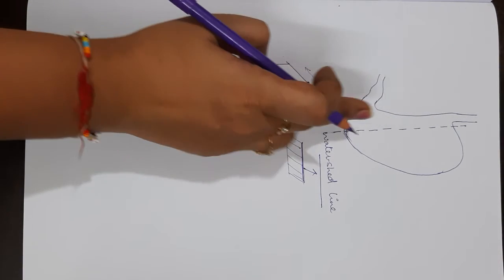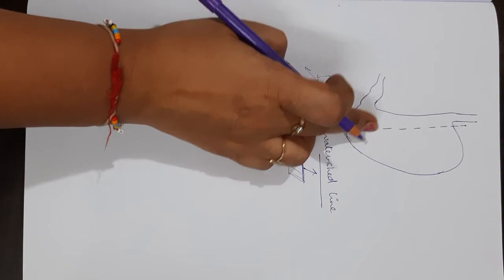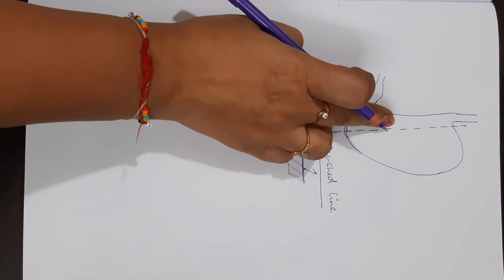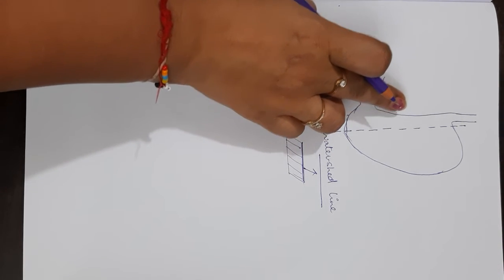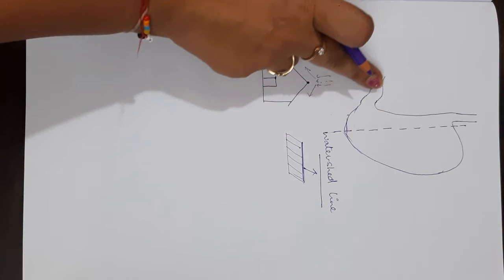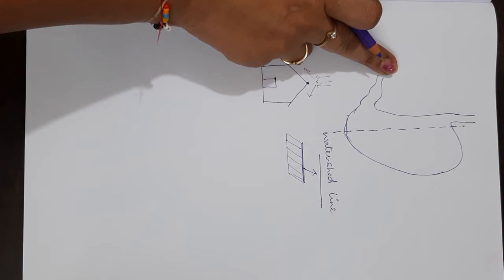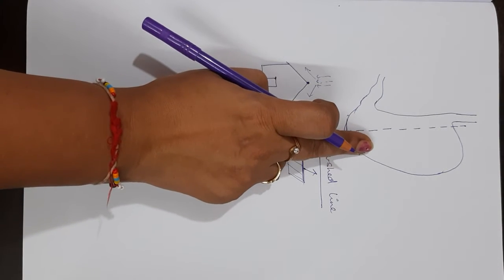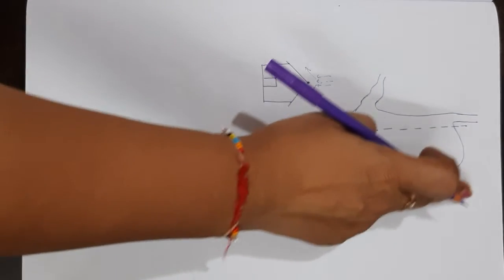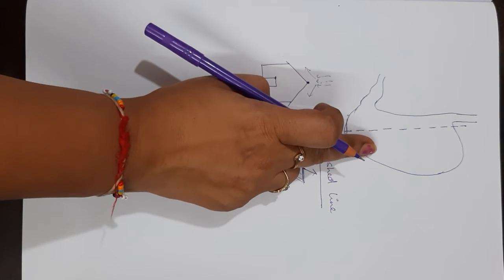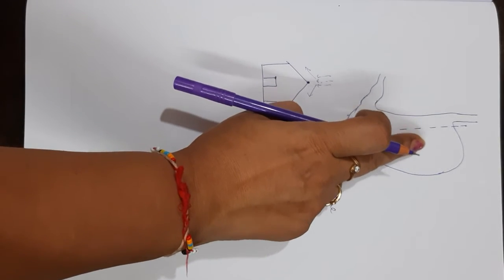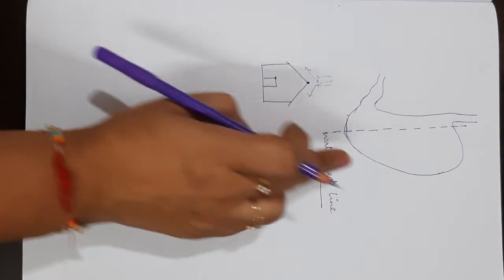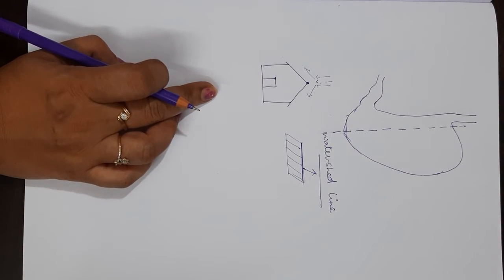The lymphatics which are present to the right of this watershed line will all drain in the lymph nodes present along the lesser curvature of the stomach within the lesser omentum, and the lymphatics which are draining the left part of the stomach, both the anterior and posterior surface, will drain towards the greater curvature and drain in the lymph nodes present over there.